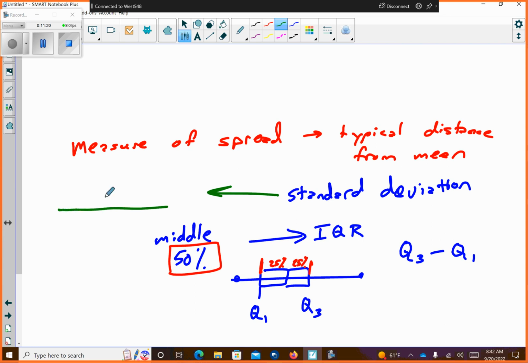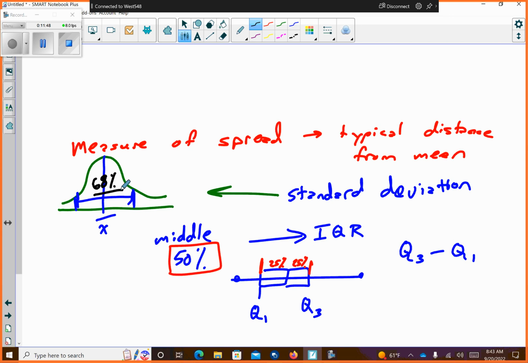So the standard deviation, if we had a normal curve, and if we said that this was the mean, if we were to go out a certain standard deviation, this consists of about 68% of our data. So the standard deviation is spread wider than the IQR.